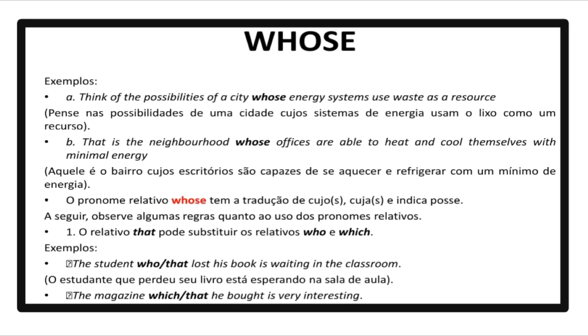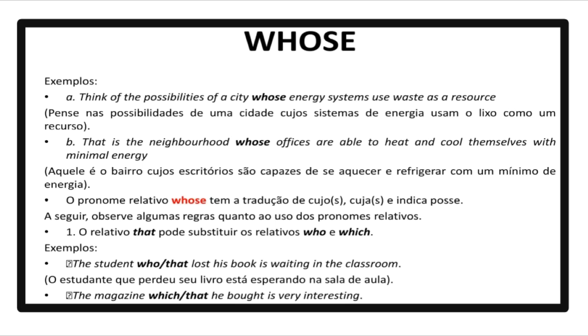The relative pronoun whose is used to talk about possession, so that can't substitute whose. Okay, we can substitute who and which by that, but we never substitute whose for any of them because the idea they express is totally different.